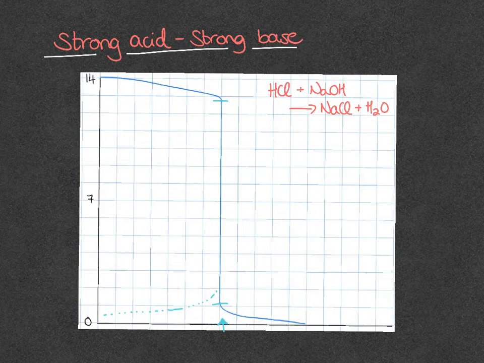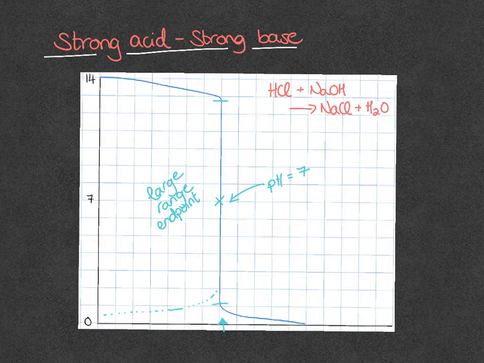And for strong acid, strong base, it has a large range for the end point. And if you take the middle of that, which is what we do, the kind of quoted pH at the end point, then you get a pH of 7.